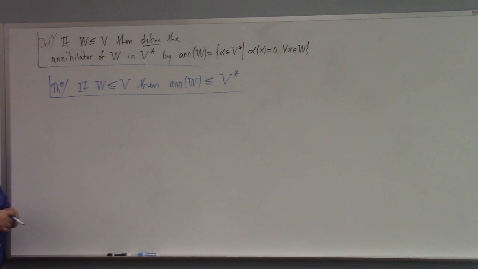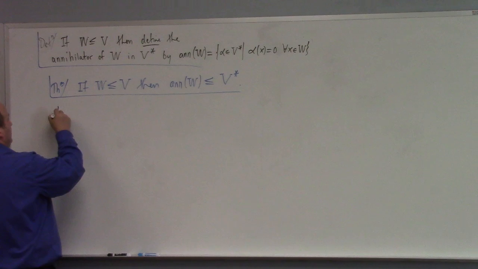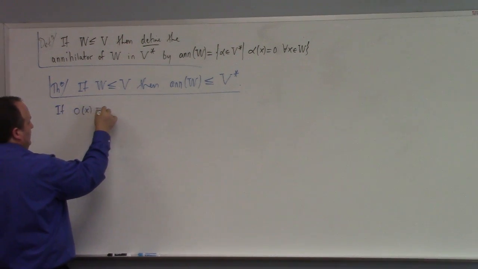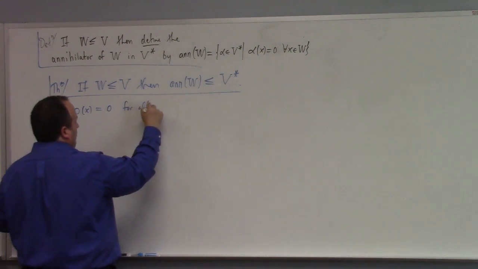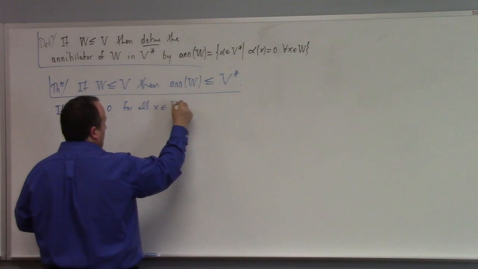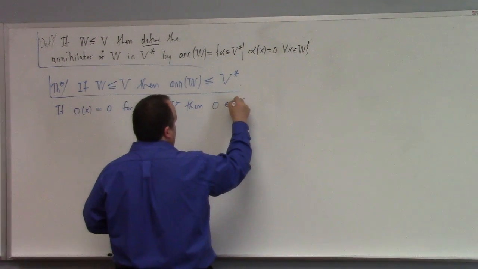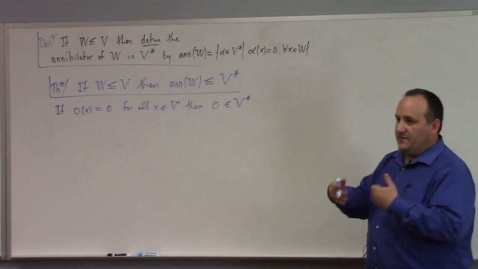So, let's see here. If 0 of x is equal to 0 for all x in V, then 0 is an element of V dual, right? That's the zero dual vector. It just maps everything to 0.